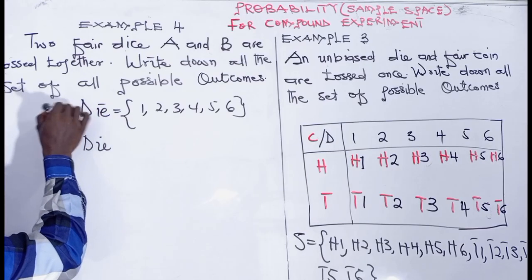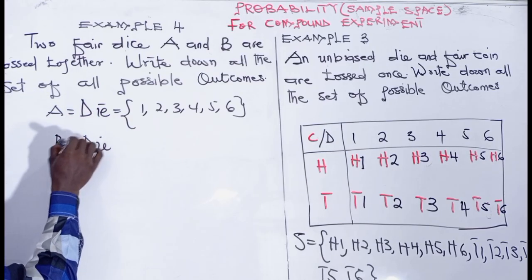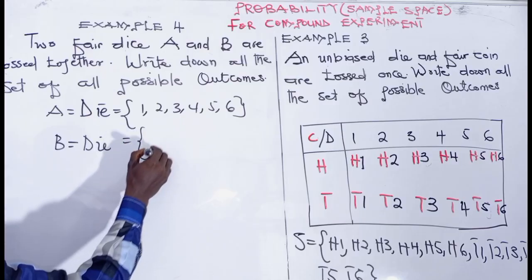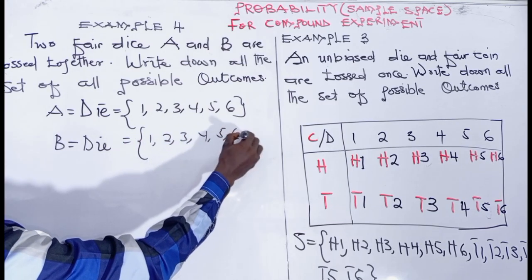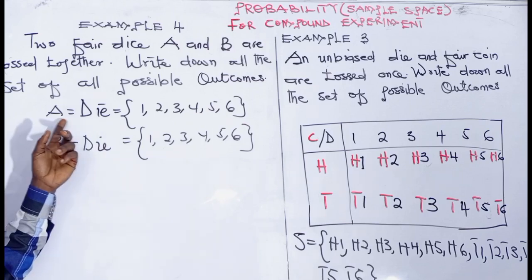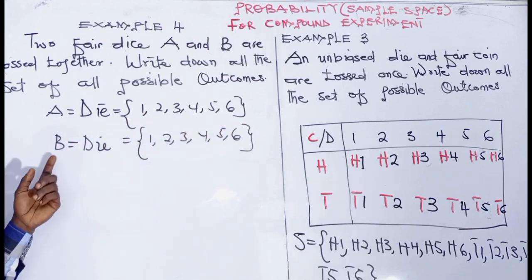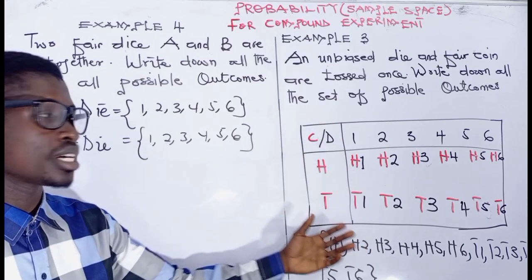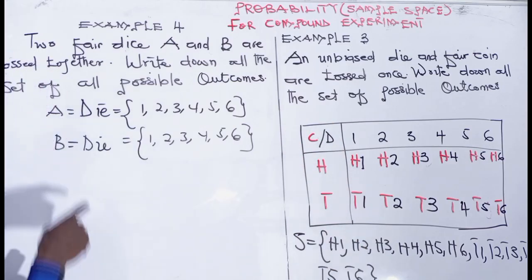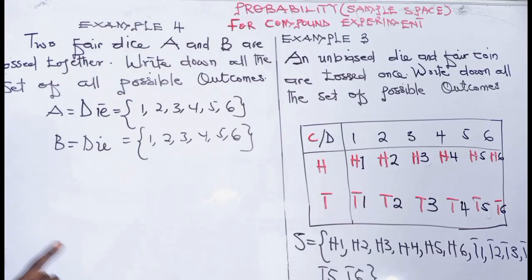So let's call this die A and then die B. So we have die A with this set of possible outcomes and then die B with this set of possible outcomes. How do we find the sample space for these two experiments? We are going to draw the same table and then we pair the outcome from the toss of die A with the outcome from the toss of die B.